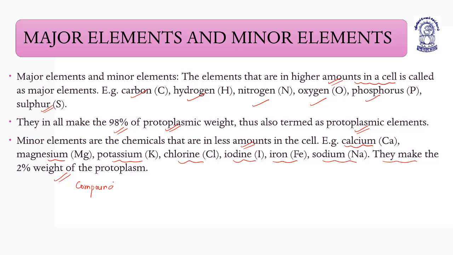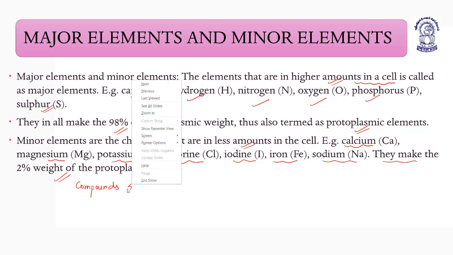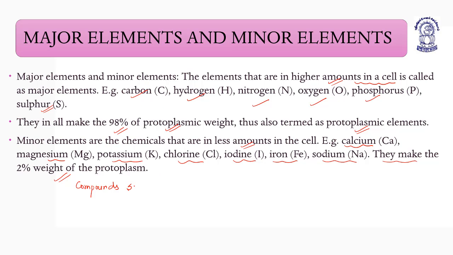Compounds which are present in animal tissues can be directly extracted in their native form.